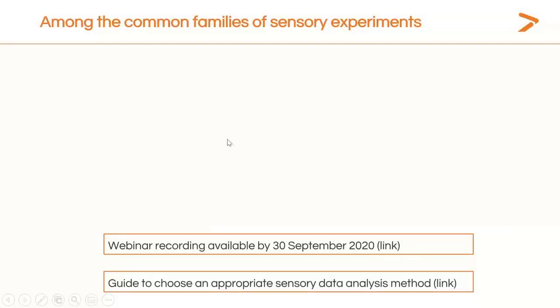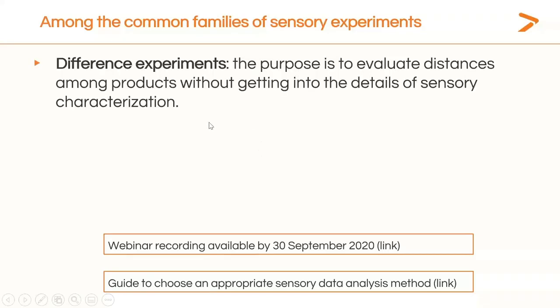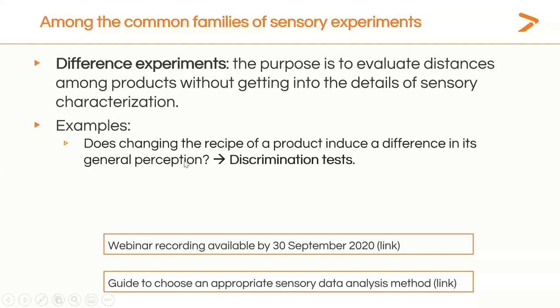Last time we've seen several types of sensory experiments. One of them we stressed a lot: difference experiments. The purpose of this kind of experiments is to evaluate distances among products without getting into the details of sensory characterization, without measuring each sensory attribute apart. Does changing the recipe of a product induce a difference in its general perception?